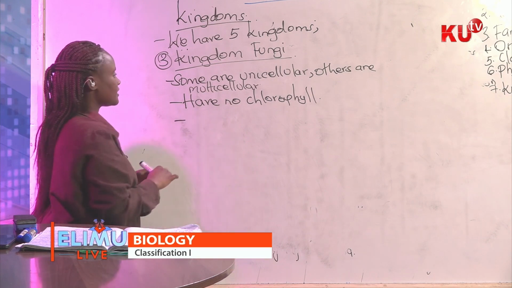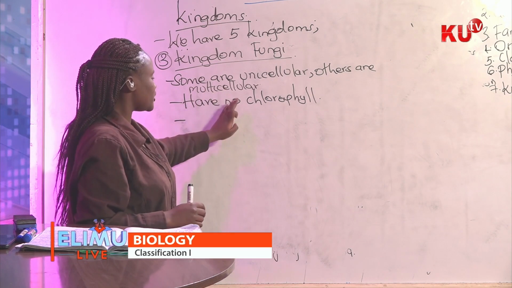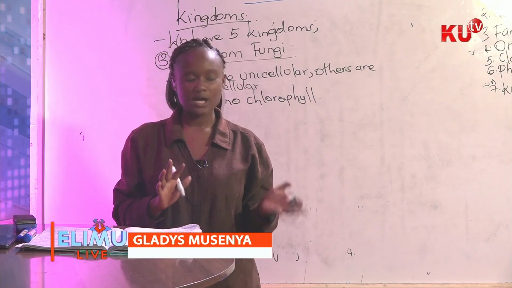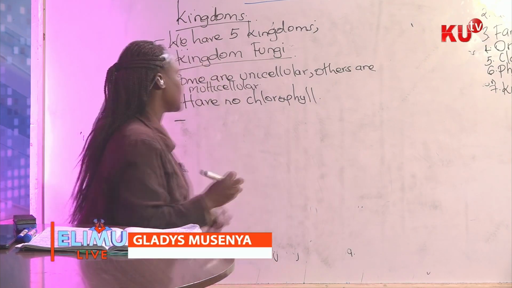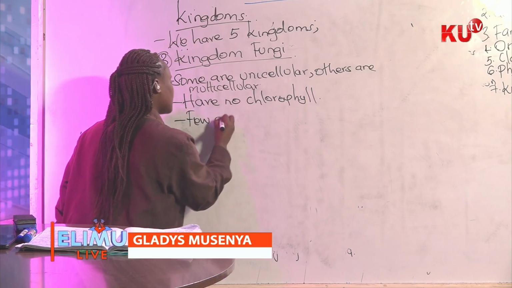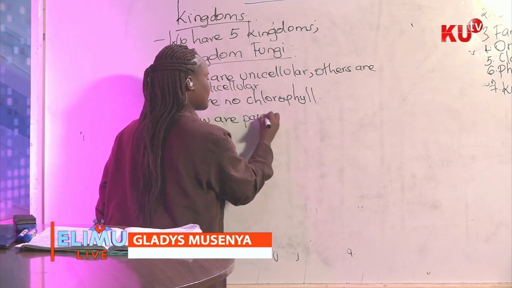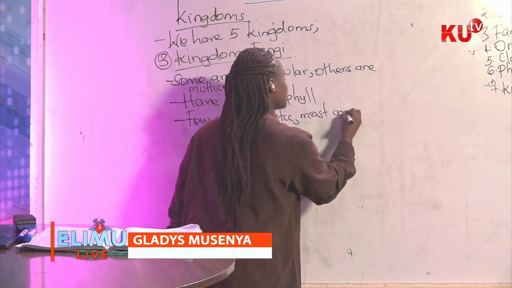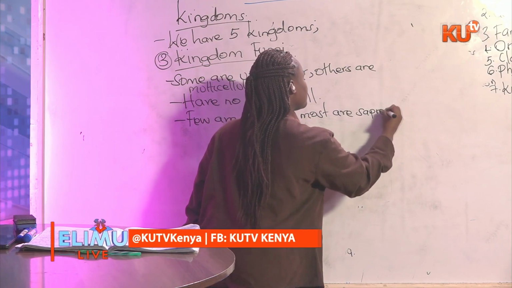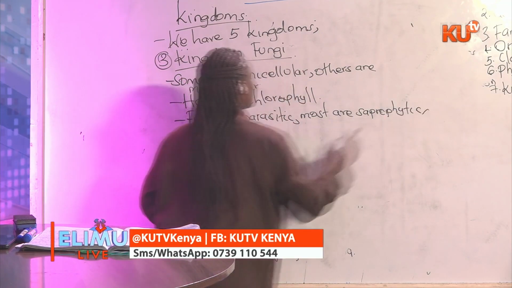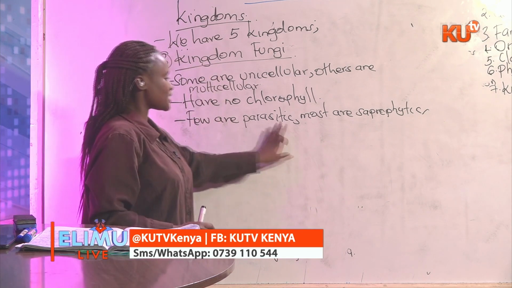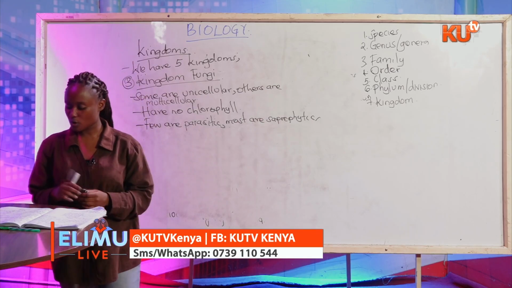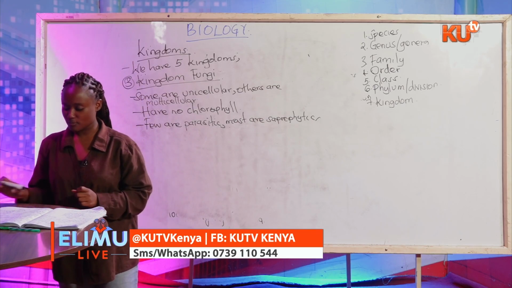And few are parasitic, while most are saprophytic. So in fungi, few are parasitic, while most are saprophytic. We go to our next kingdom, that is kingdom Animalia.